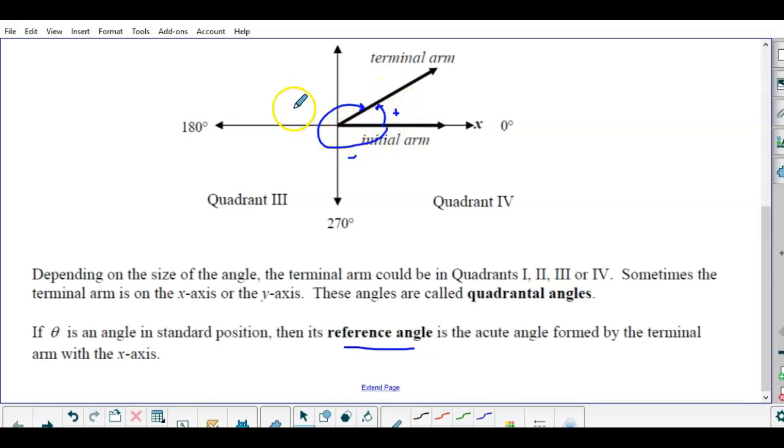If we have an angle in the second, third, or fourth quadrant, we look at the angle formed with the x-axis wherever it's located. Reference angles are always positive. It's kind of like just looking at the triangle that's formed.